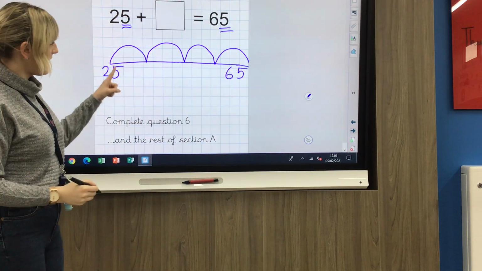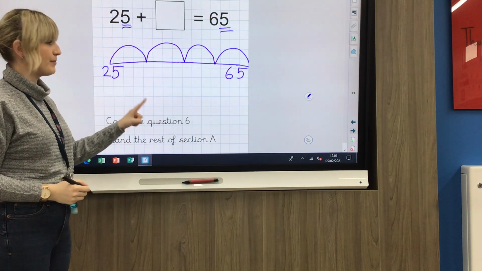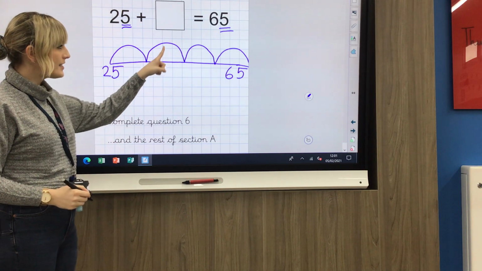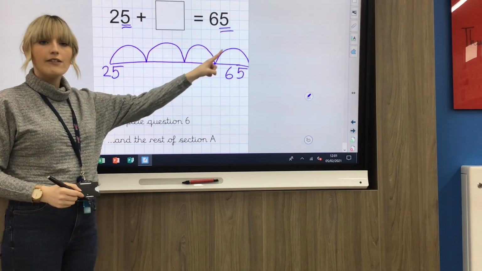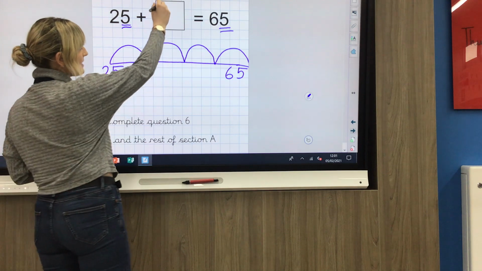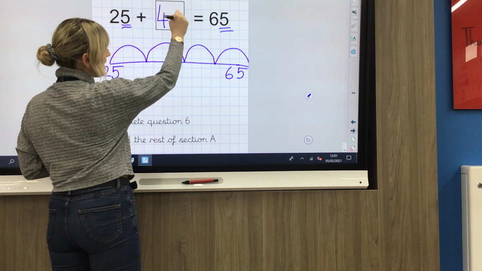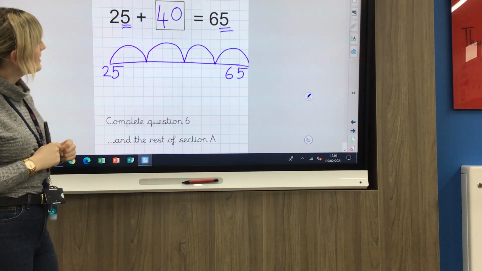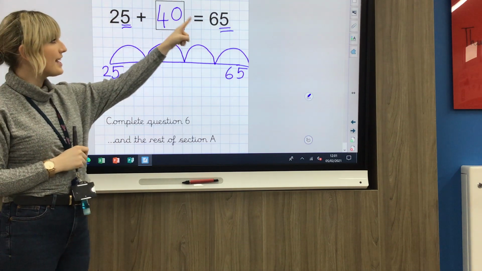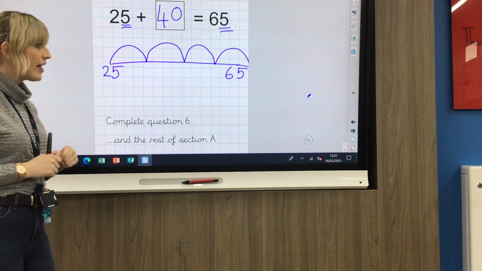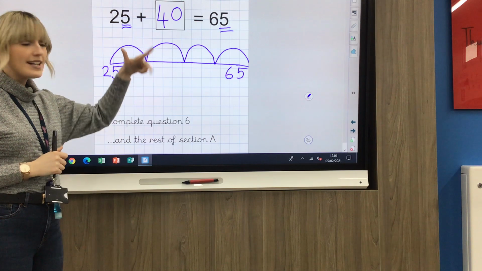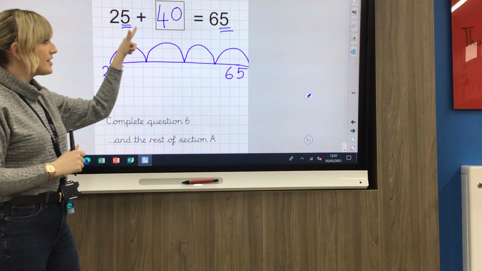So how many 10s have I jumped? Count the jumps. 10, 20, 30, 40. So I've added 40. I've added 4 10s, so 25 add 40 is 65. So you can count up in 10s if the ones are the same.